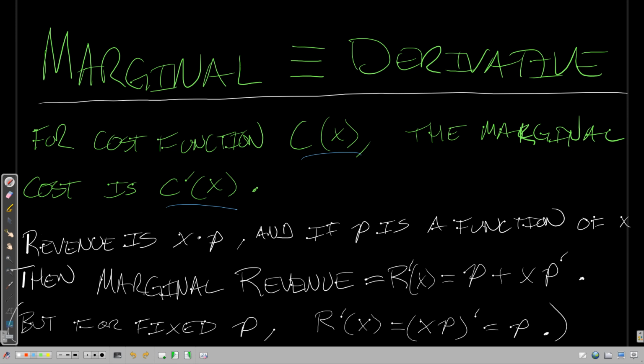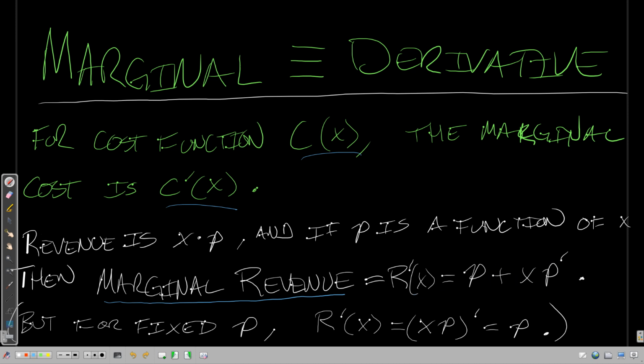If so, then the marginal revenue, which is just R prime, would be the derivative of this product, which would be the derivative of the first, which is 1, times the second. Well, there's my x times the second. And then it'd be plus the derivative of the second times the first.